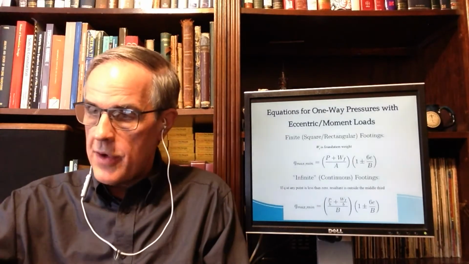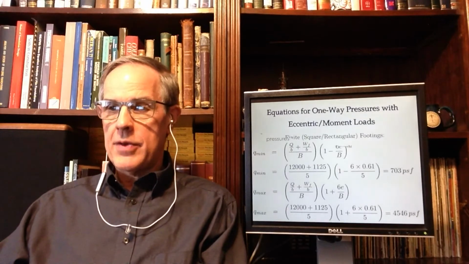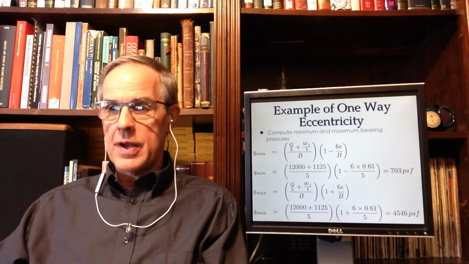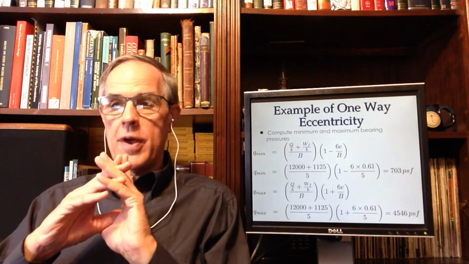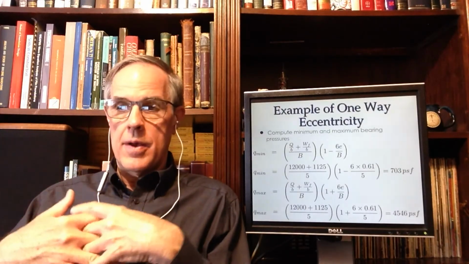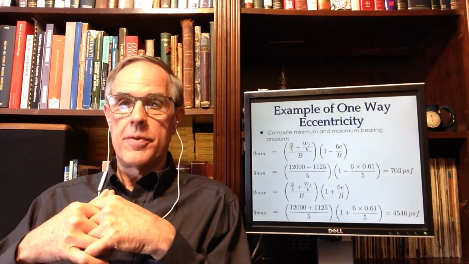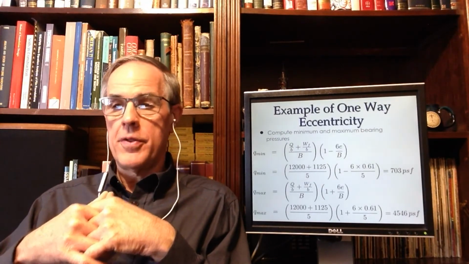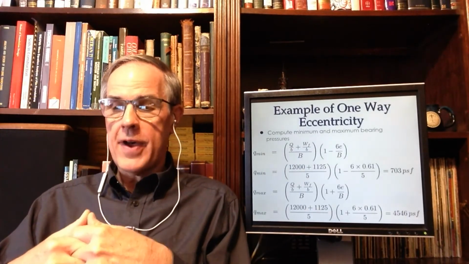So you've got that, and you multiply that times 1 plus or minus 6E over B, and you get the pressures. If we took the same example we had before, and we plug and chug, this is what would happen. The load is 12,000 pounds per foot of wall. The weight is 1,125 pounds per foot of wall. B is 5 feet.